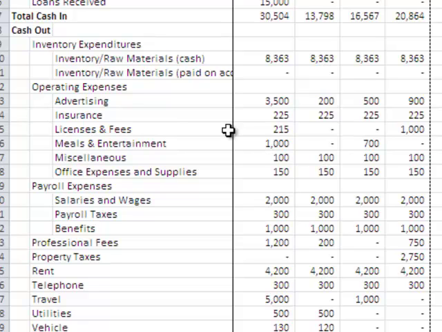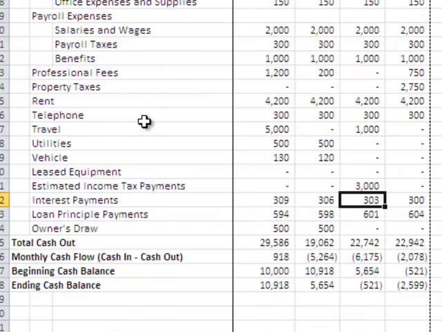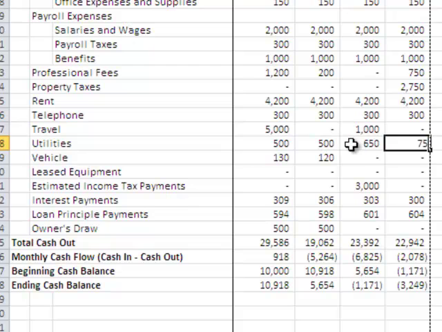As the warmer weather of spring comes, the electric bill will be a little bit higher as air conditioners are used more. So for utilities, he's going to enter $650 and $750 for March and April respectively. So there's the utilities line, $650 and $750. The vehicle he uses is going to need some repair work done in March.